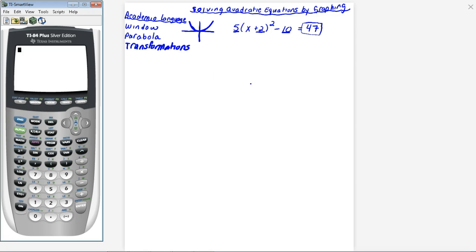And graphing these equations, okay? So let's get started. Make sure your calculator is clear. Step 1 is we're going to enter the left side of the equation into y1.